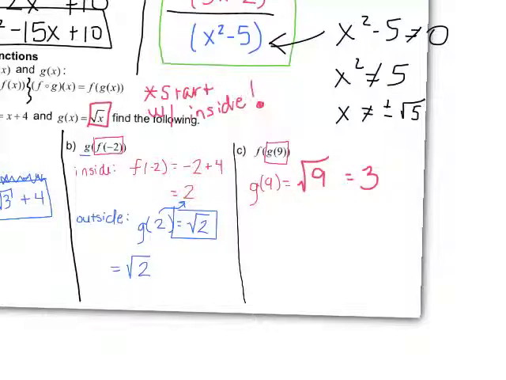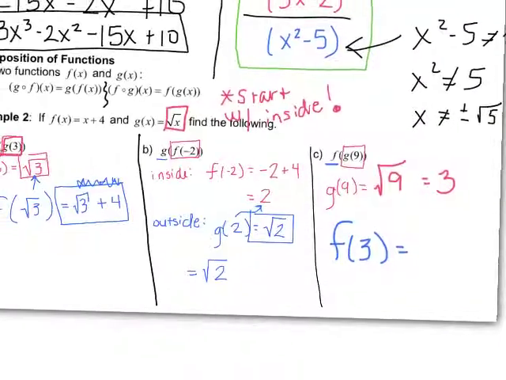So now I'm doing the outside, and that's the f function, and I'm going to plug in a 3 here. So the f function tells me to do x plus 4. So I'm going to plug in the 3, and I'm going to add the 4. So 3 plus 4 is 7. Okay, and that's it.